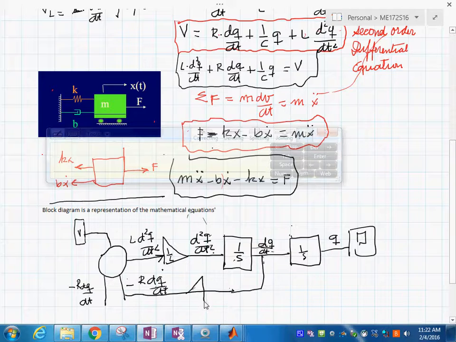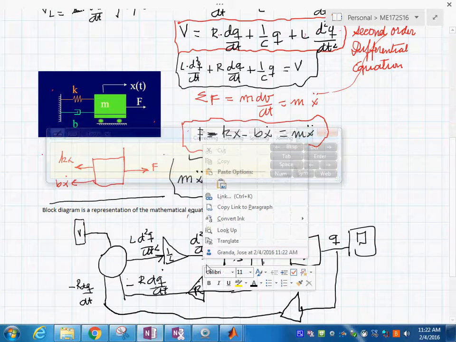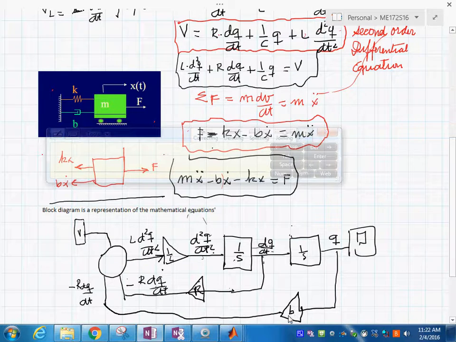This one needs the variable R in here. On this one, the value here is b.